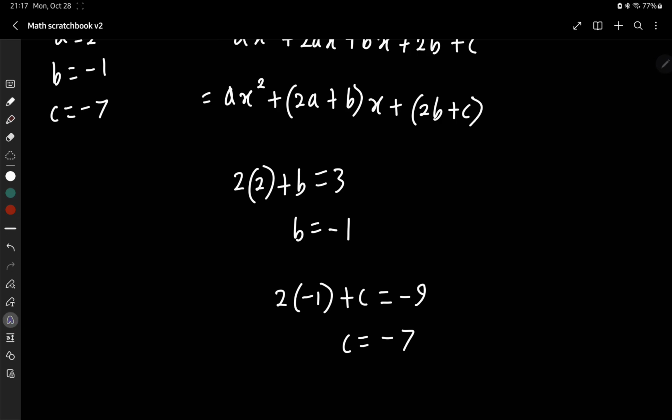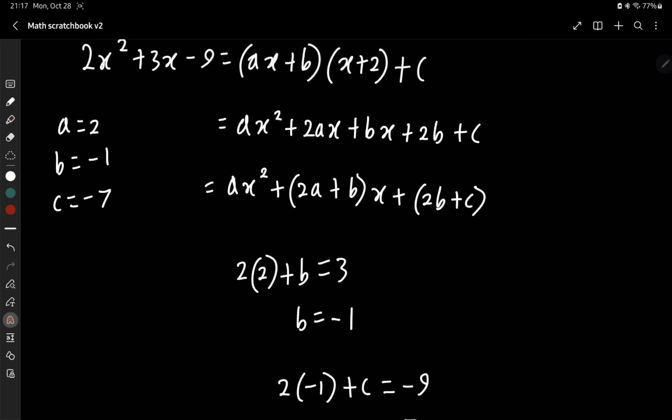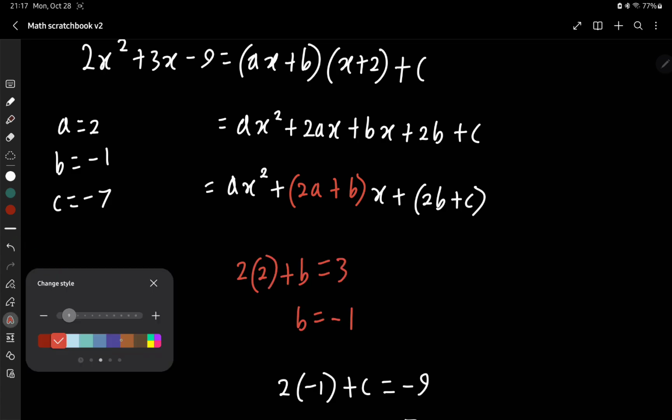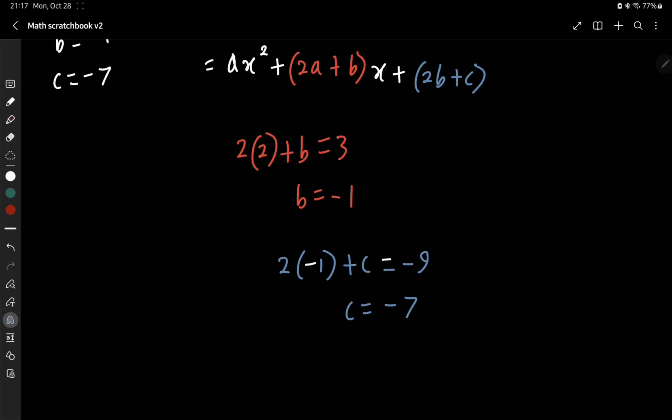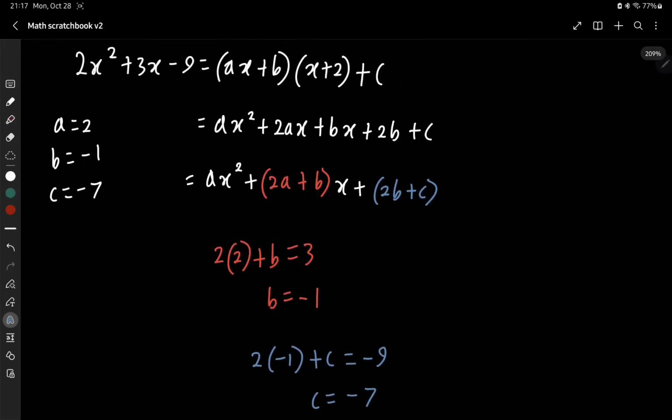So I'll color this so that you guys know what is what. So this stuff here is for B, and this stuff here is for C. And then A is just the coefficients that we already know.